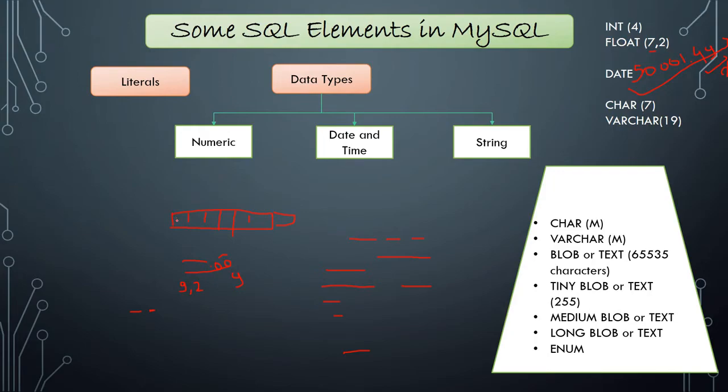Now if her name is Emma, E-M-M-A, right, correct. This is Emma. So char will not free up the remaining spaces. These spaces are used by char itself and it will not free them. It occupies the complete 7 digits always.